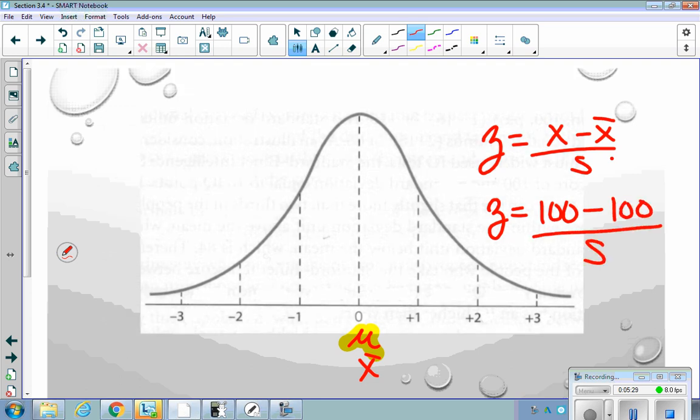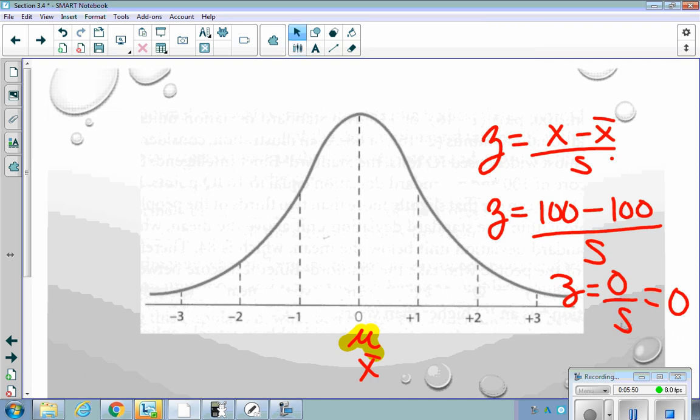And this is equal to 0 divided by the standard deviation. It doesn't even matter what the standard deviation is, because 0 divided by any number is 0. So that's how my mean, whether it's a population or sample, becomes 0. Okay, one standard deviation away again is a z-score. One z-score away.